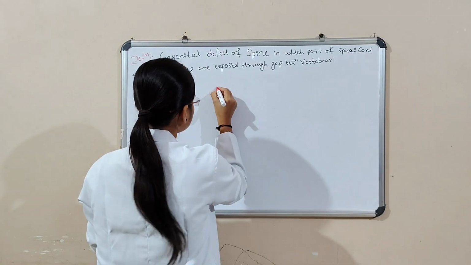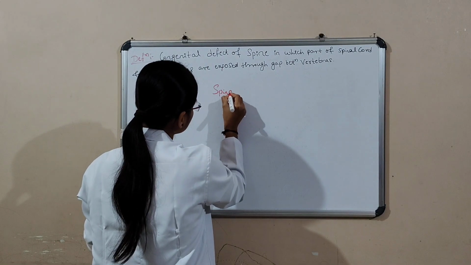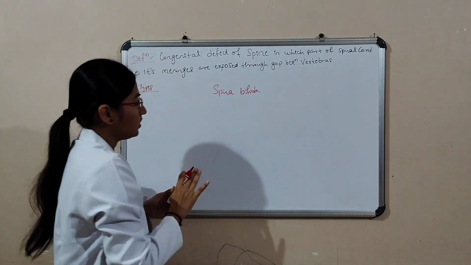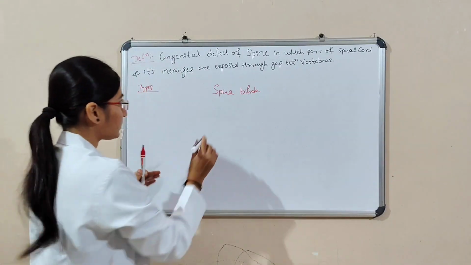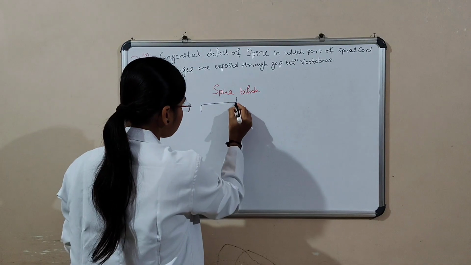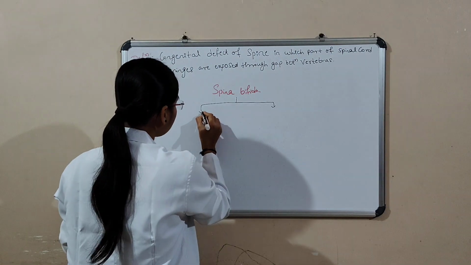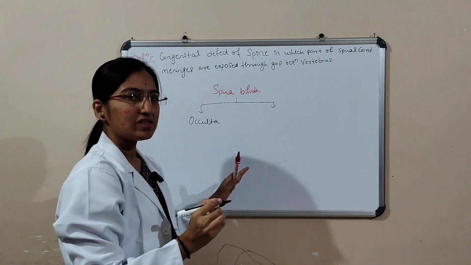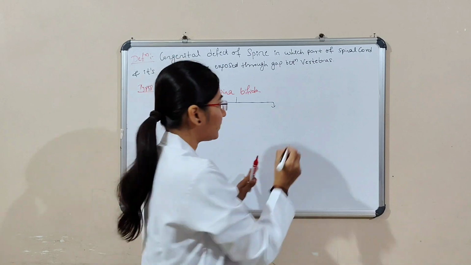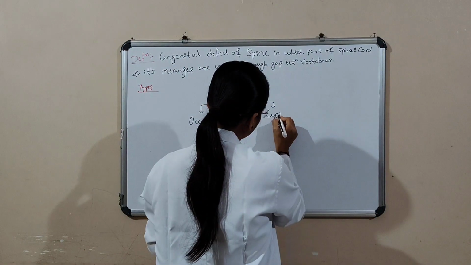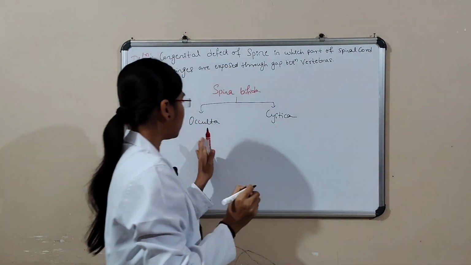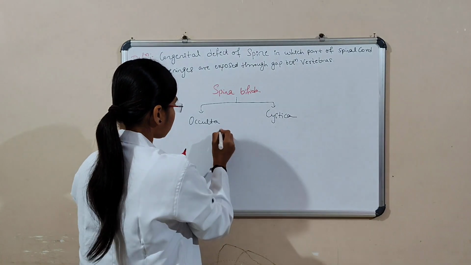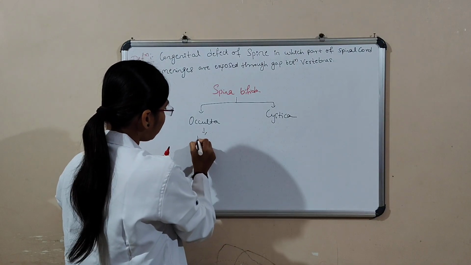Here are the types. Mainly there are two types. One is Spina bifida occulta, another one is Spina bifida cystica. Occulta is a closed type, or hidden.